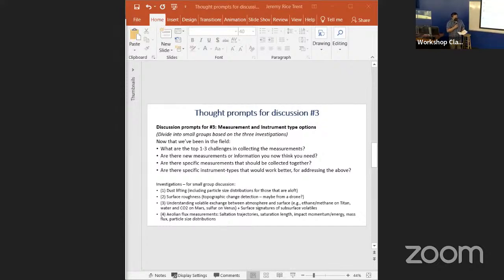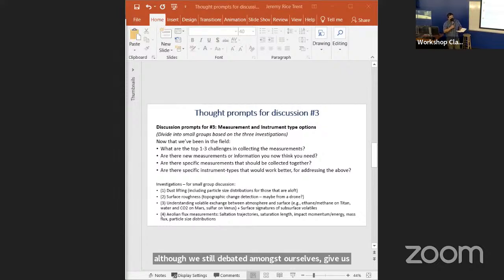One of our assumptions is that what we want to understand is what is driving dust lifting, the dust emission into the atmosphere. That's why vertical was thought more important, although we still debated whether it is completely more important than horizontal, but understanding the dust coming off the surface locally to understand the conditions.